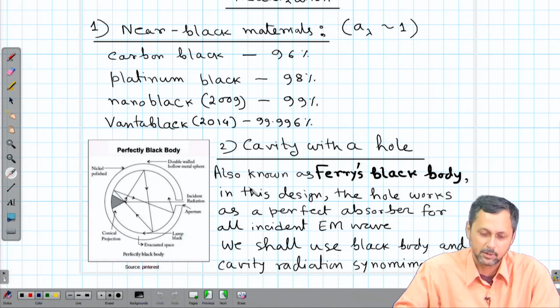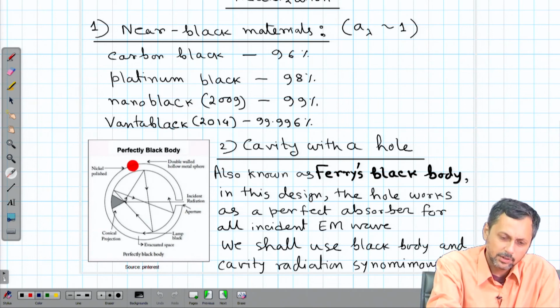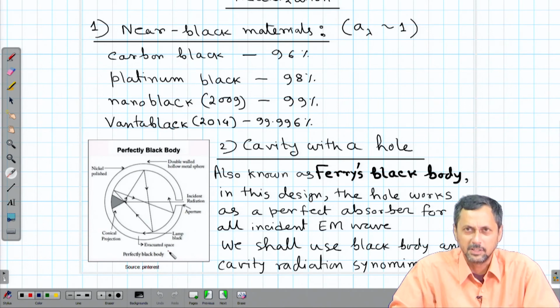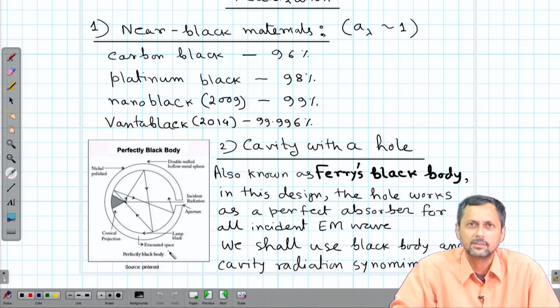So, nothing is coming out of it, and the outer wall is nickel polished, so that the radiation loss is minimal, because if something is very good at reflecting, that means it is not absorbing anything, and we will see later on, if something is not absorbing, it will also not emit that much. That is Kirchhoff's law, by the way.